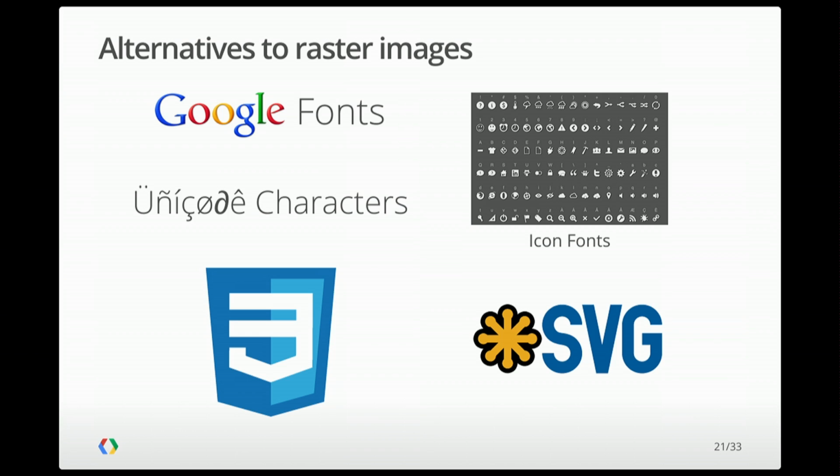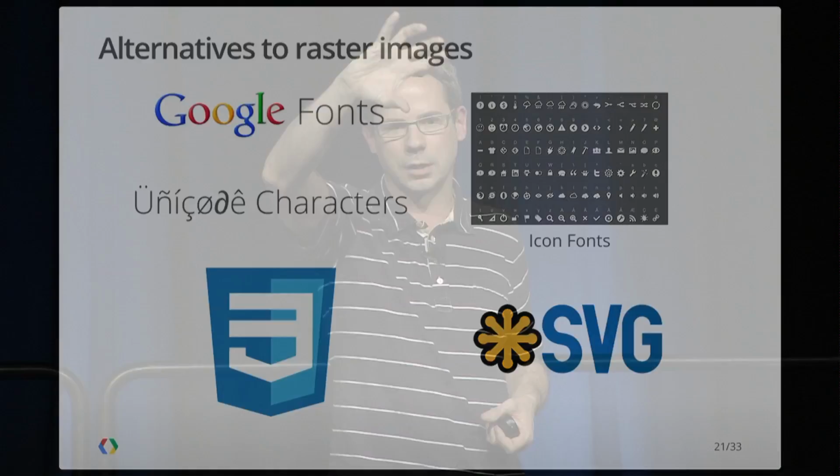There's a bunch of really great web fonts, or icon fonts, out there that give you really easy access to lots of different icons. But one of the problems with icon fonts is that they're single color, right? You can't change the color of one part of an icon and have another part some different color.